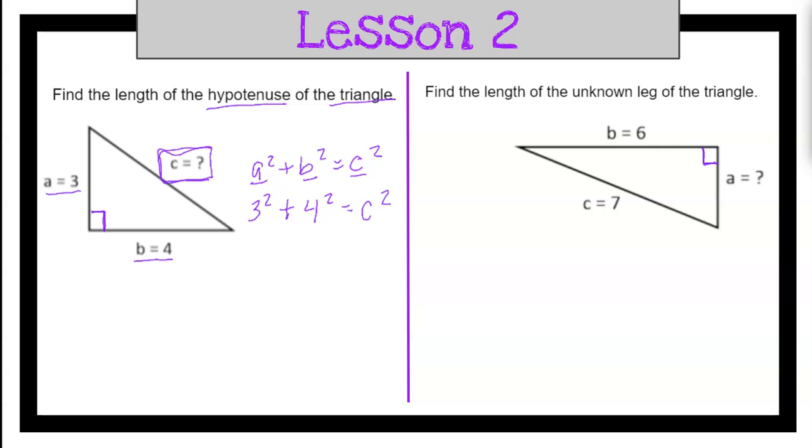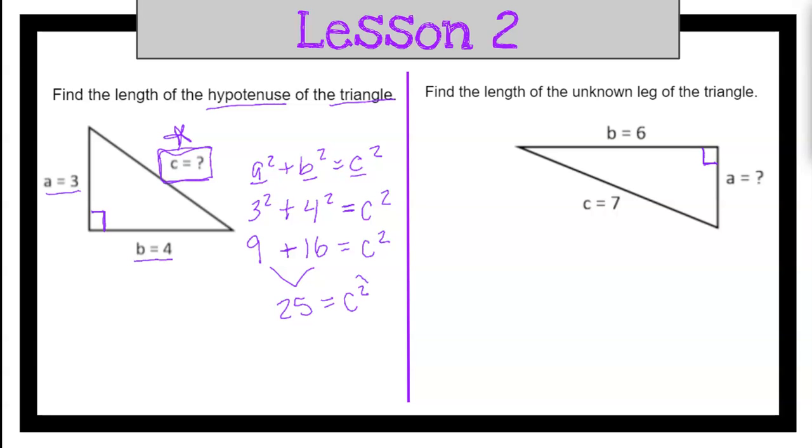Now we need to evaluate our expression for each piece. We have 3 squared is 9, 3 times 3, plus 4 squared, 4 times 4 is 16, equals c squared. We can add 9 and 16 together, 25 equals c squared. Now, our goal is to find c, not c squared, which means we have one last step.